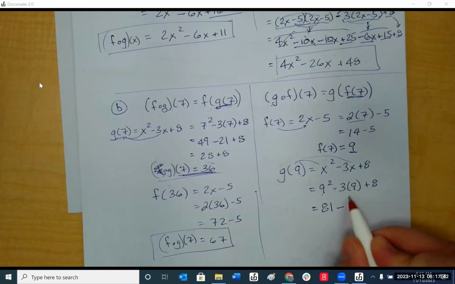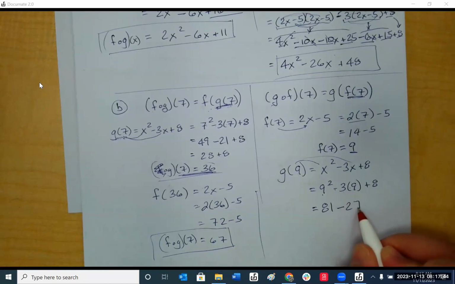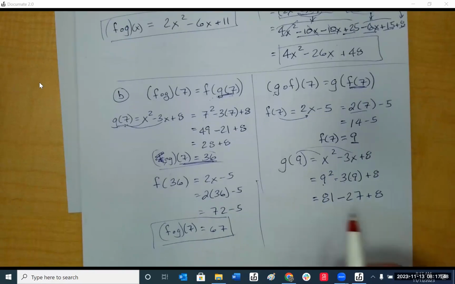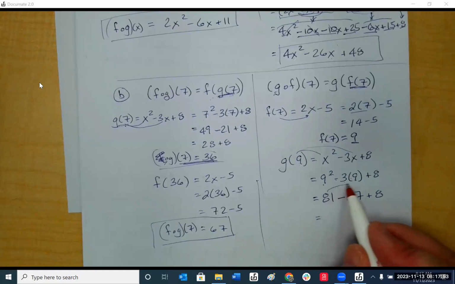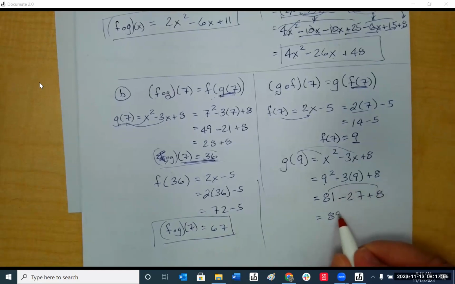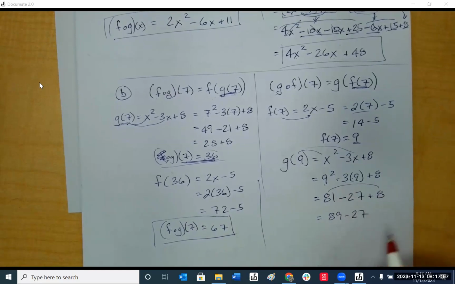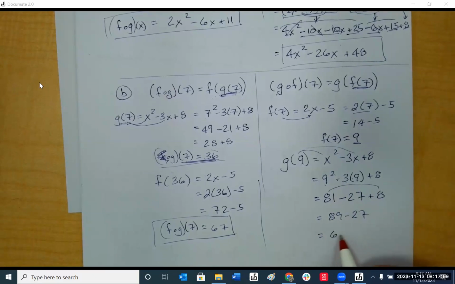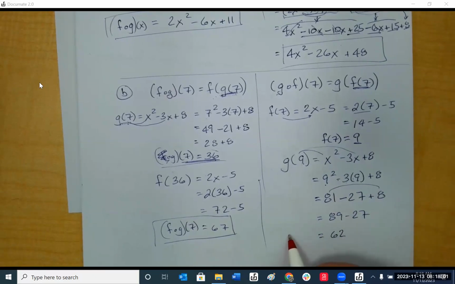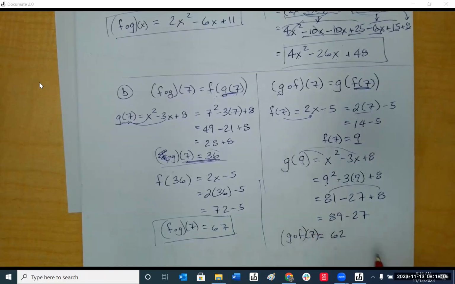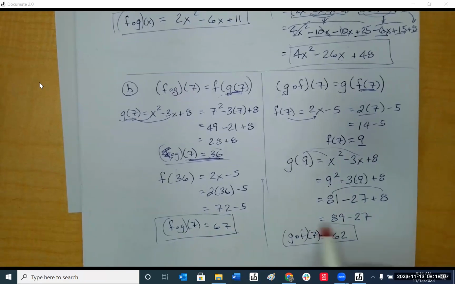Negative times positive is negative. 3 times 9 is 27. Plus 8. 81 plus 8 is 89. Minus 27 is 62. So that's my value for g of f of 7.